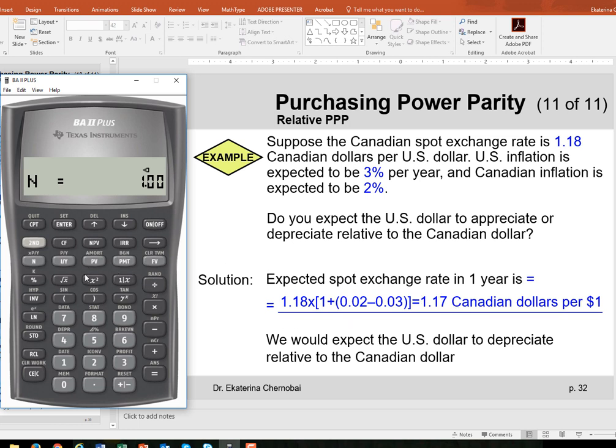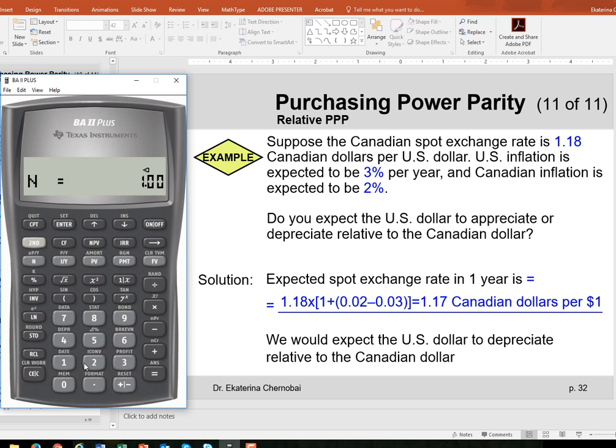And one more thing that we need to enter in the calculator is the I/Y, the interest rate. Here, the equivalent of the interest rate is the difference between the foreign and the domestic inflation rates. Foreign minus domestic. Canadian inflation minus US inflation. So 2% minus 3% is negative 1%.